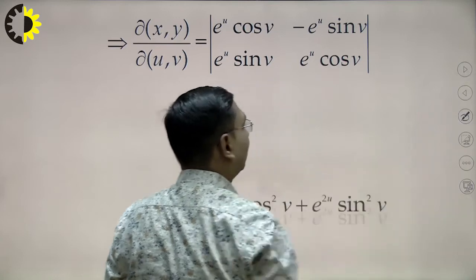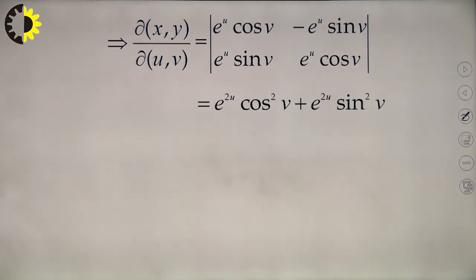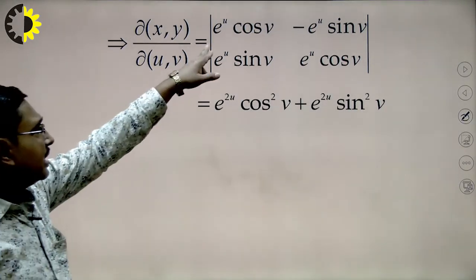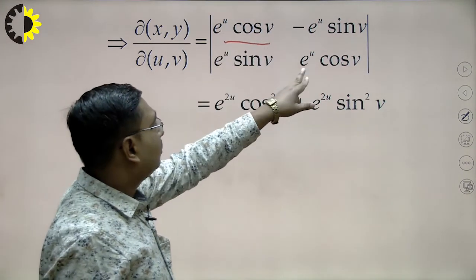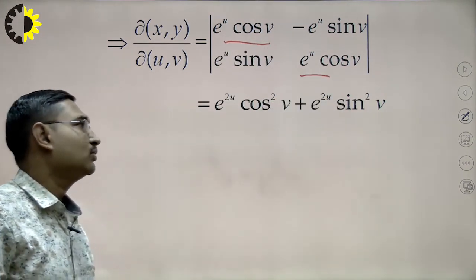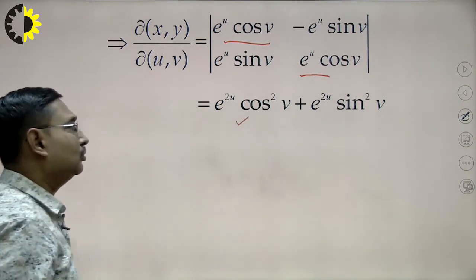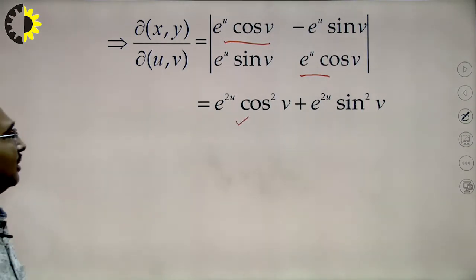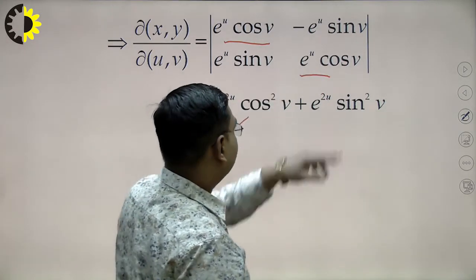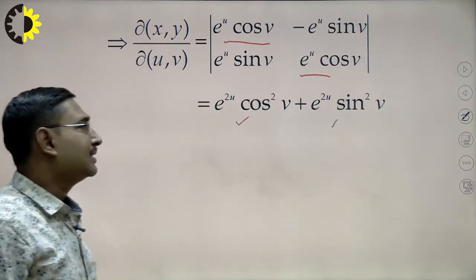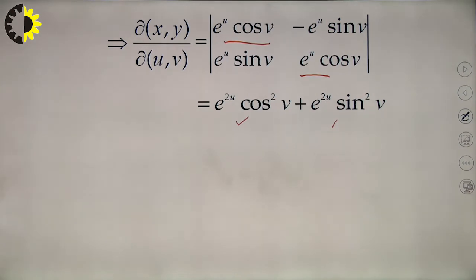Because it is a 2 by 2 determinant, expansion is not difficult. I expand. Expansion gives e raised to the power u cos v times e raised to the power u cos v. It will be e raised to the power 2u cos square v. Similarly, the second term will give plus e raised to the power 2u sin square v.